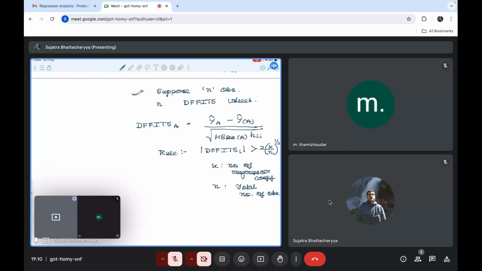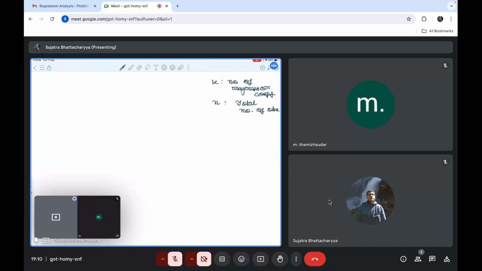Now, corresponding to this, there is one very simple question. Let me just see where I get it. Yeah, very easy and simple question. Let me put it. So suppose you are given that y is equal to beta naught plus beta 1 x1 plus beta 2 x2 plus epsilon i, and suppose there are 20 observations.